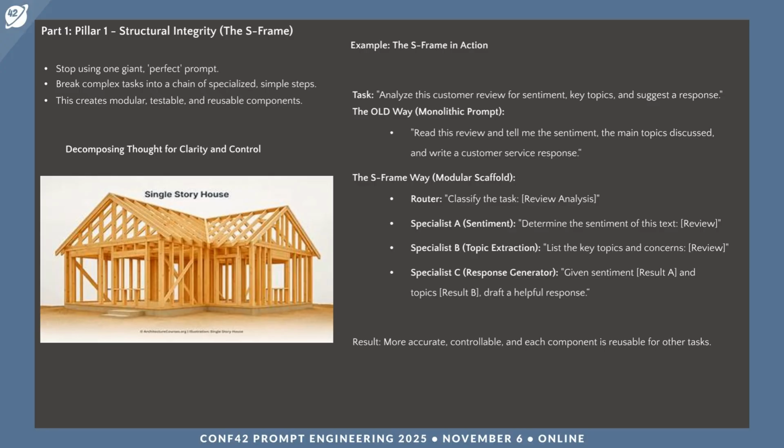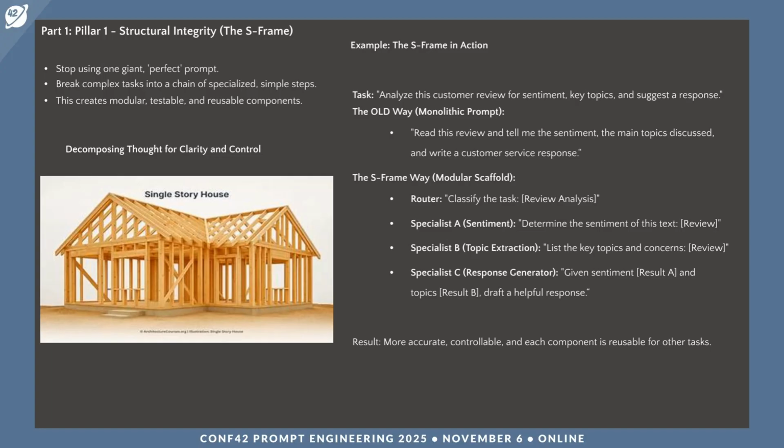It just lists down the topics discussed about this product and these are the concerns. And specialist C, given the sentiment output from specialist A and the topics output from specialist B, will draft the helpful responses which need to go out to our clients.